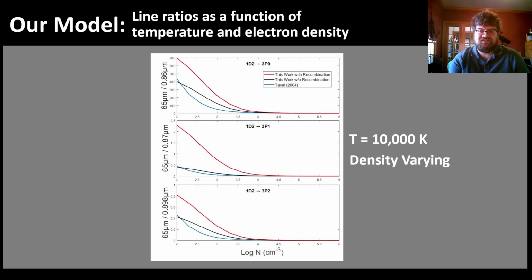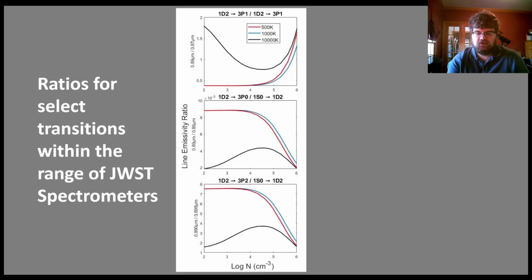And as you can see, our results in both cases differ from those calculated using Tayal's values. And incorporating recombination also has a major effect. So what this tells us is that the new code we're producing, modeling more physics, is much more accurate. And so these new lines we also expect to be much more accurate to what we would see out in the universe.